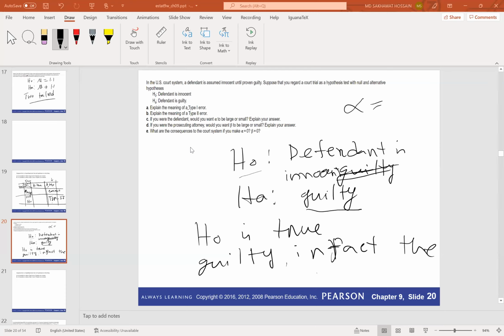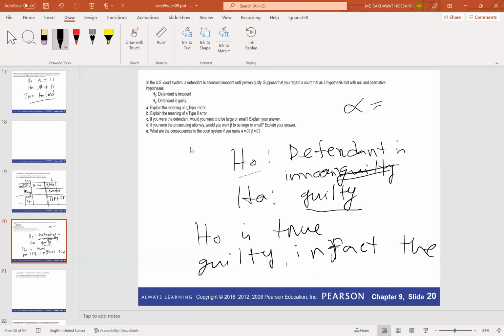So in part C, if you were the defendant, okay, in part D, if you were the prosecuting attorney, would you want beta to be larger or smaller? Explain your answer. So beta is the probability of type 2 error here. Type 2 error means we fail to reject null when null is false.